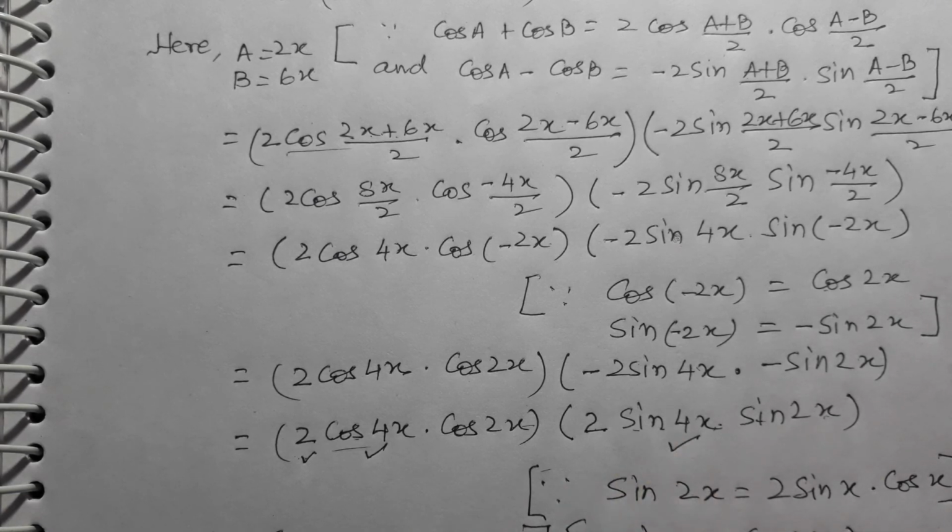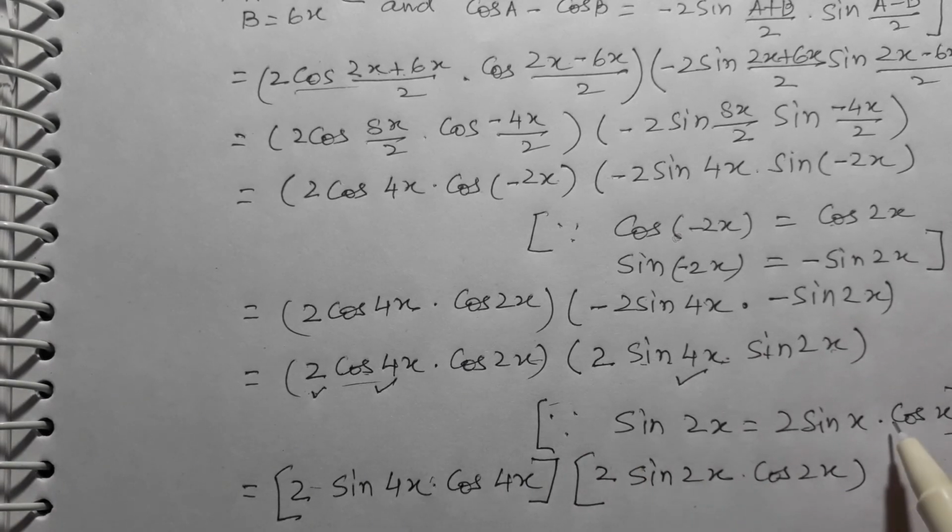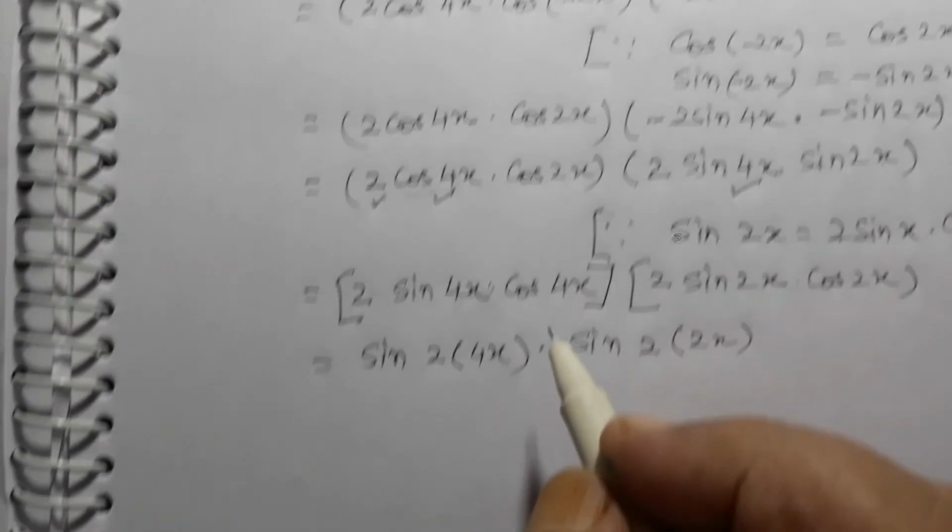So by adjusting in such a way, these came on the identity 2 sin x into cos x equals sin 2x. Here for 4x, 2 sin 4x into cos 4x will be sin 8x, and 2 sin 2x into cos 2x will be sin 4x.